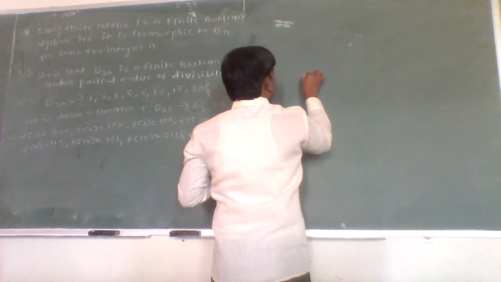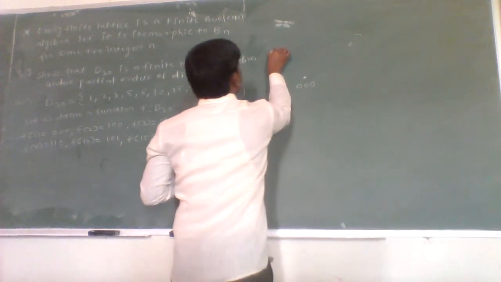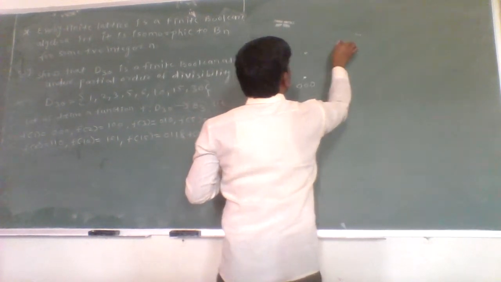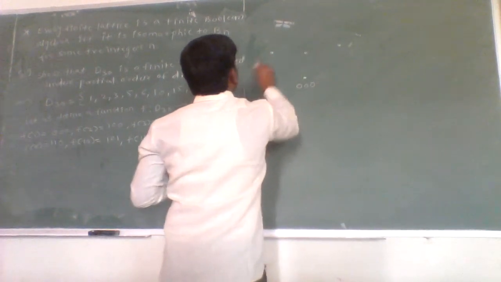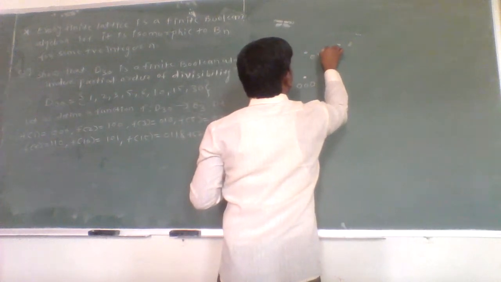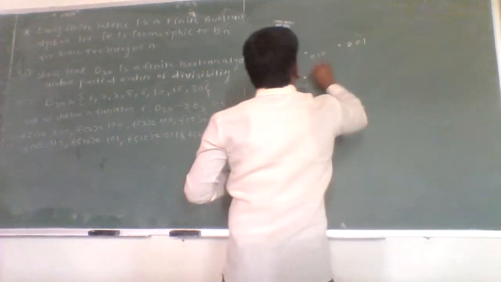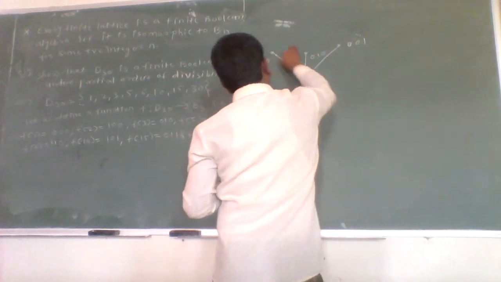This one is the element 000. Here there are three elements: 100, 010, and 001. For the Hasse diagram, we join these.